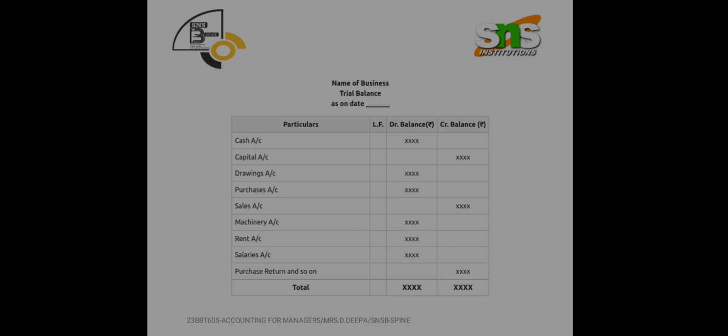That is the rule of the trial balance, what should be debited and what should be credited. Whatever assets, expenses or losses you find, debit them, and whatever liabilities, incomes or gains you identify in the books, just credit them. So this is the format.